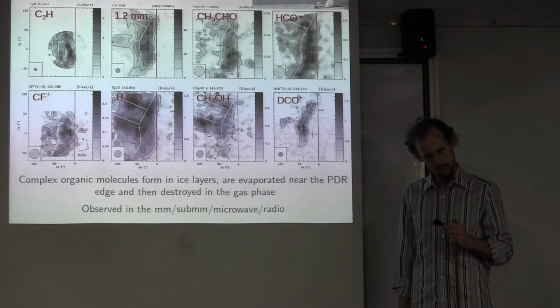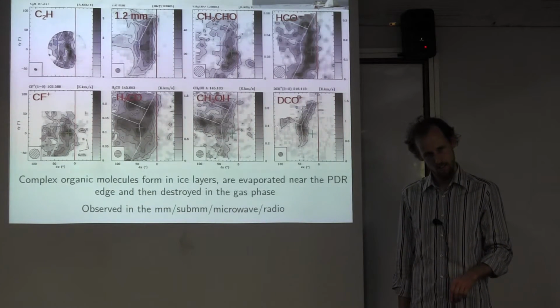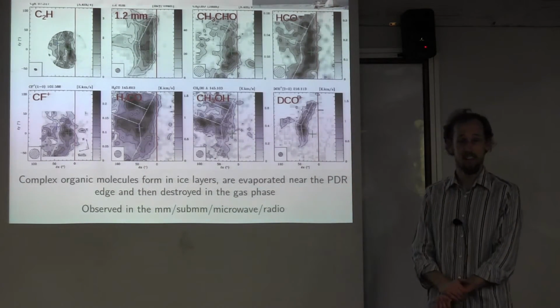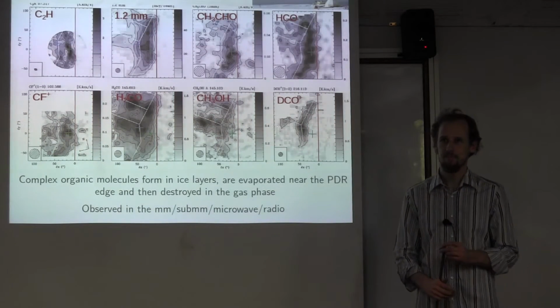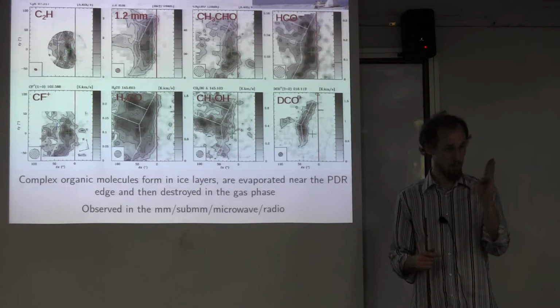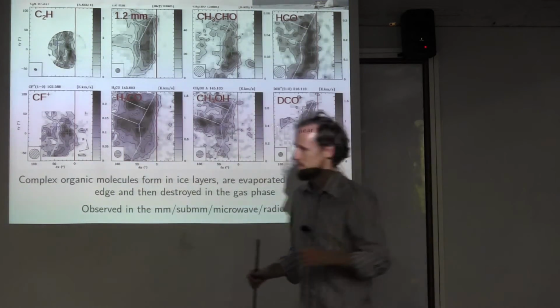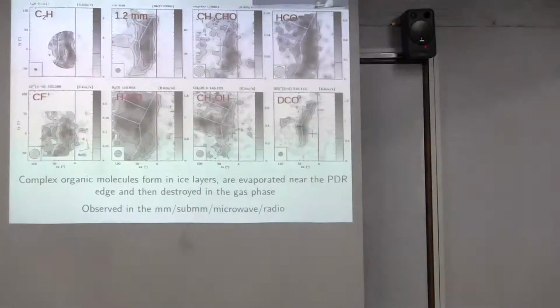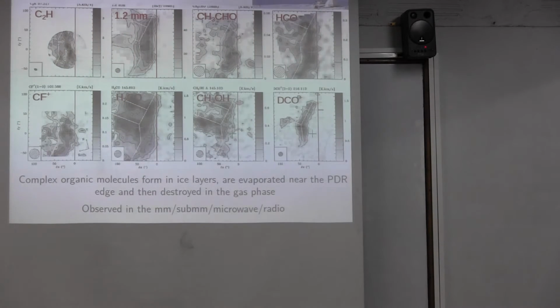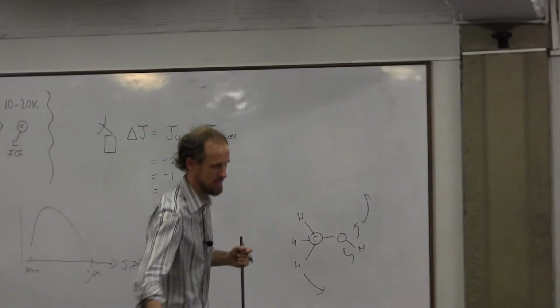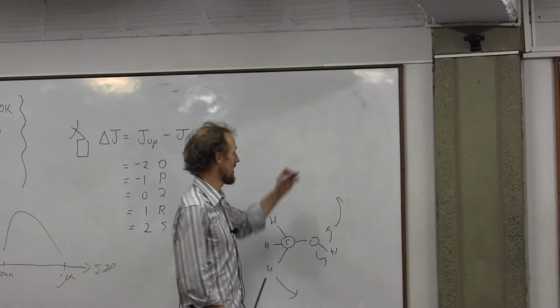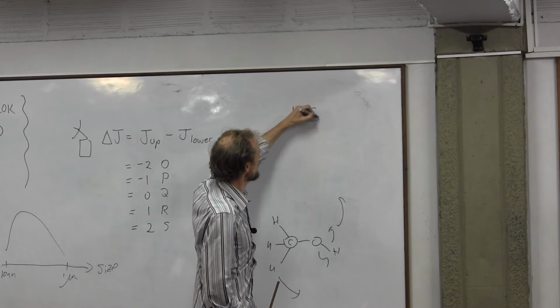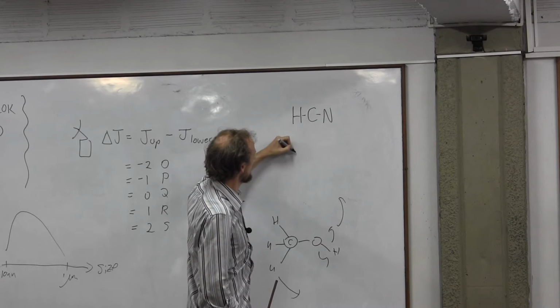I wonder if it's possible to distinguish between a molecule and its isomer by the spectrum. Yes, that is fine, because of where the lines are. This is actually in the next lecture, but let's think of one particular isomer that's kind of interesting: HCN and HNC.